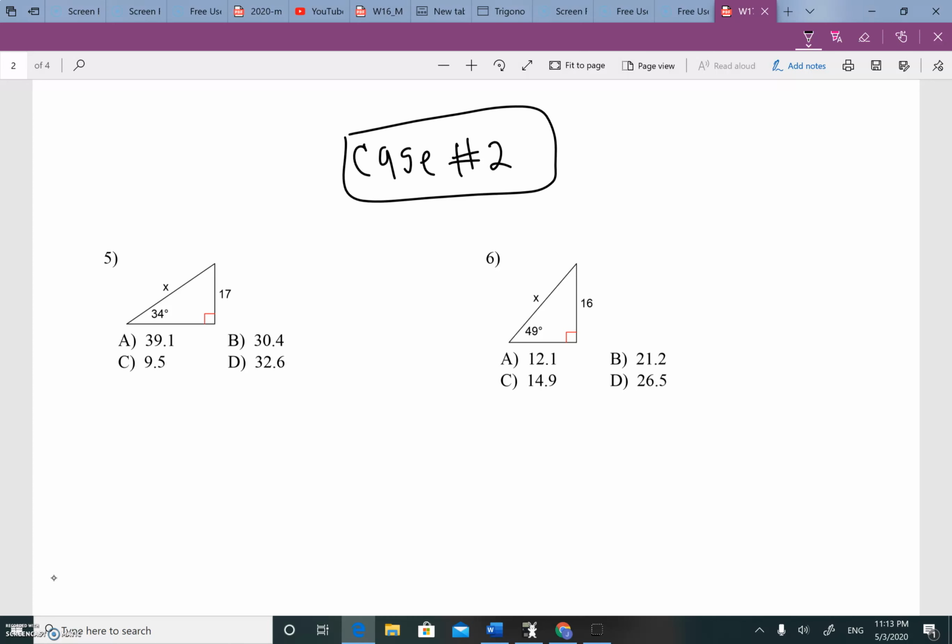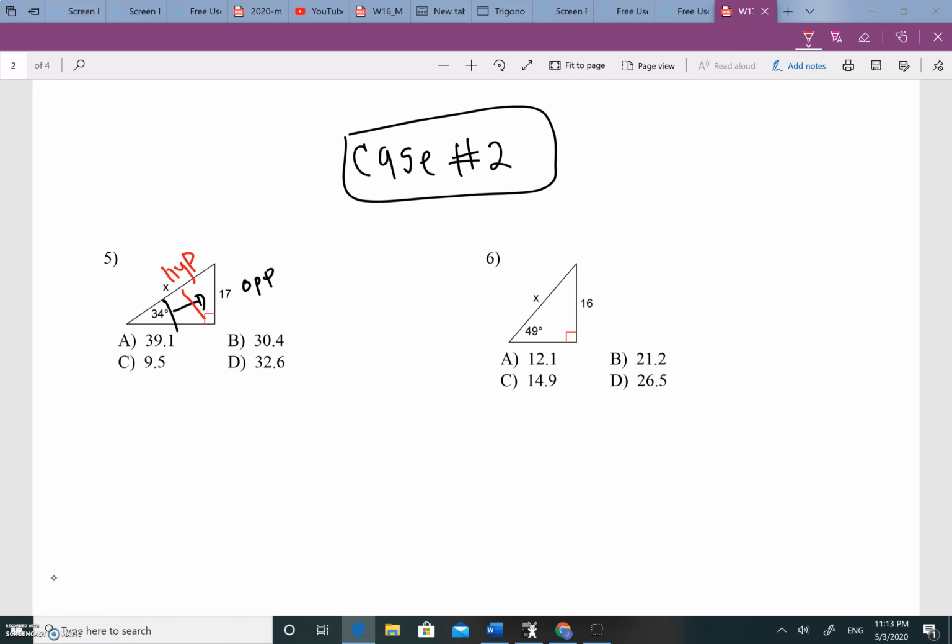So these are going to be known as case number 2. Let's first look. We're still working with sine, all right? But if you notice, my opposite is no longer x. Now I'm actually given the opposite, and my hypotenuse is the one that is now my x.